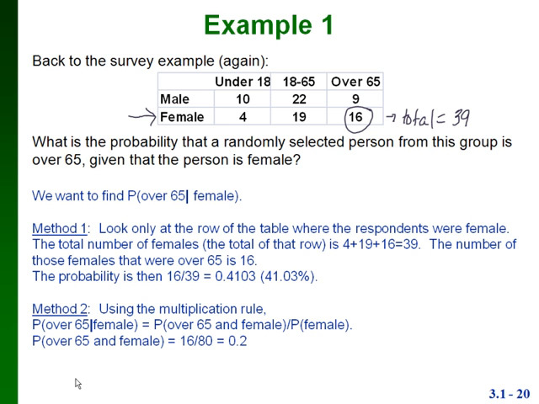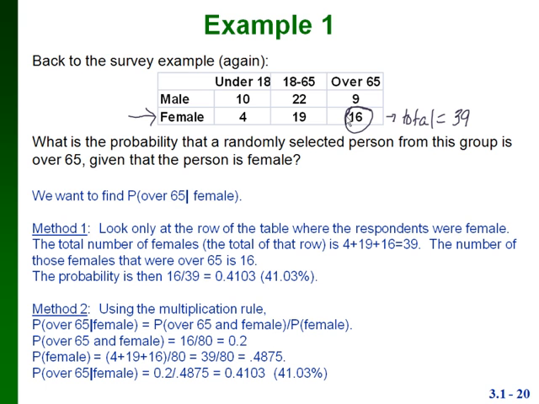So for over 65 and female, we're going to be looking again at this one cell in our table, which has 16. Now we want the probability of that out of this whole group, including the males. So we're going to divide the 16 by 80, which is the total of that whole table.